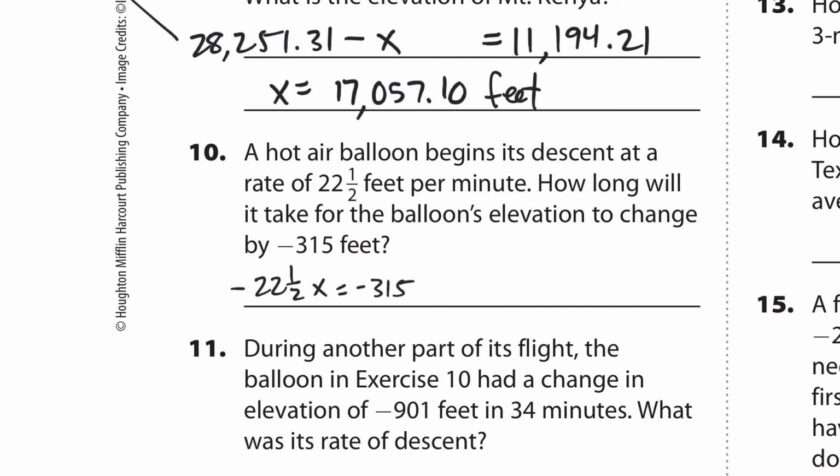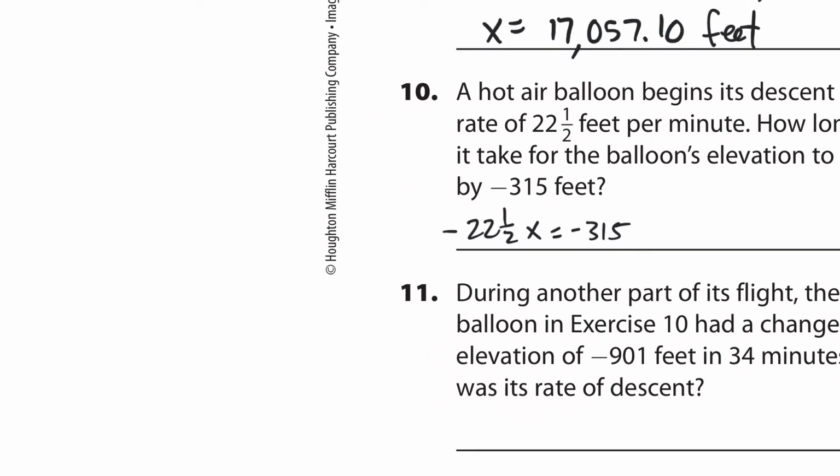Let's solve this over here where we have negative 22 and 1/2 times x equals negative 315.